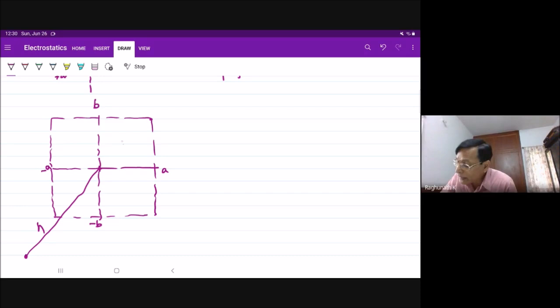I would have considered the element on the yz plane, dy dz. Correct? Y going from minus a to plus a, z going from minus b to plus b.